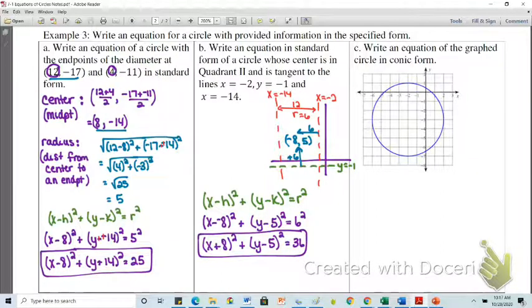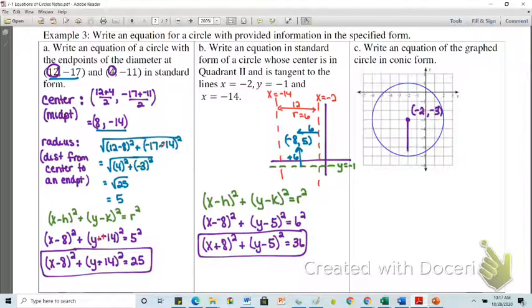Okay, the last one says write the equation of the graphed circle in conic form. So first we locate our center. So our center looks like right here. So that's negative 2, negative 3.